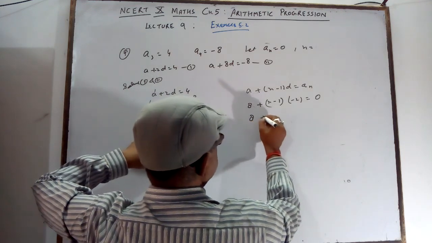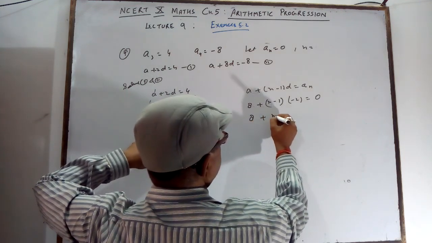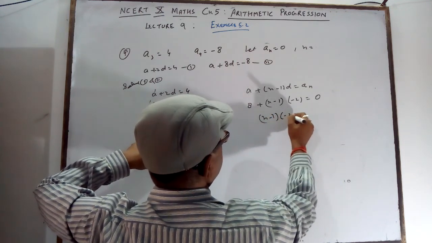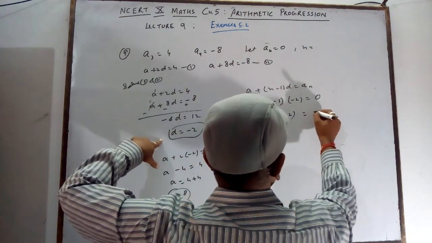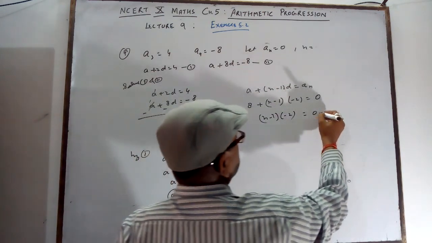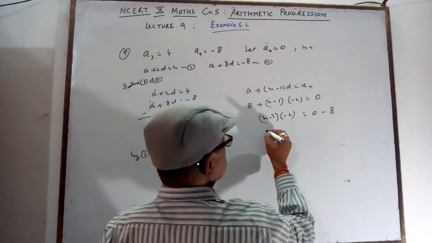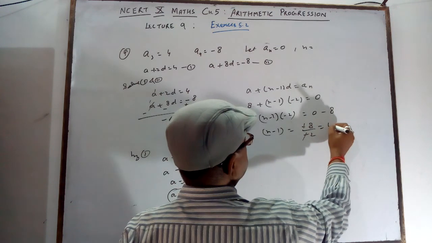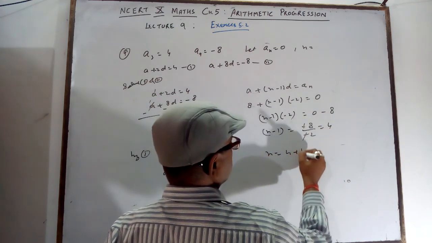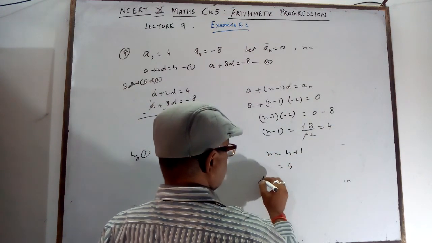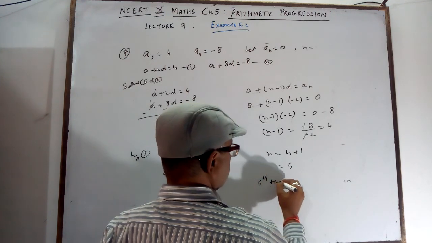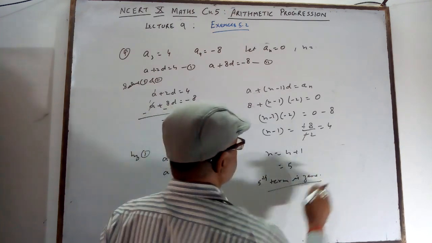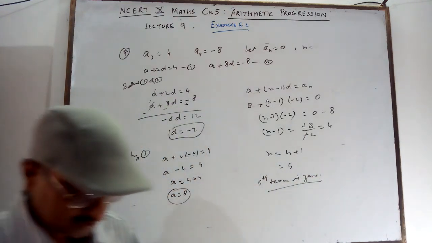So 8 plus N minus 1 into minus 2 is equal to 0. N minus 1 is equal to minus 8 by minus 2, that is 4. So N is equal to 4 plus 1, that is 5. So the fifth term of this AP is 0.